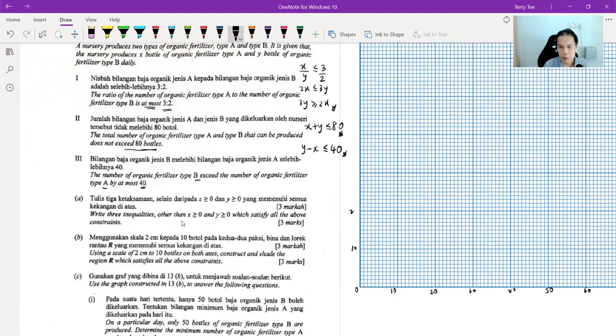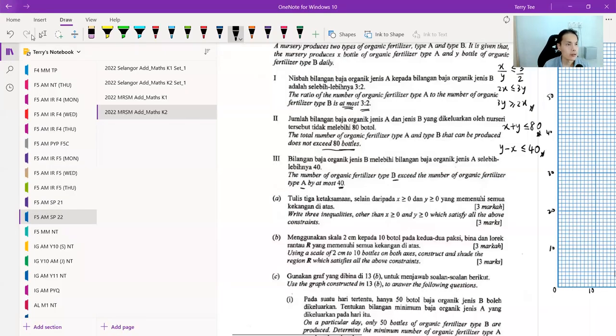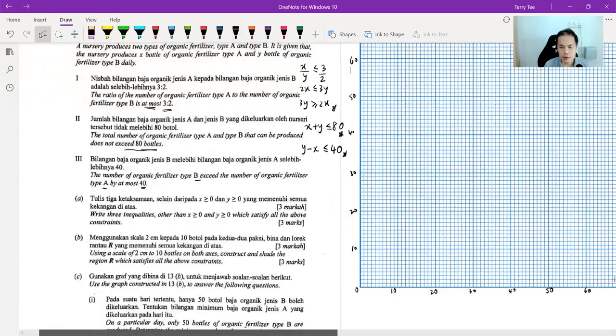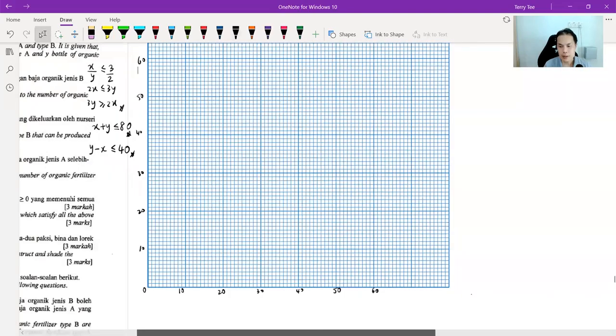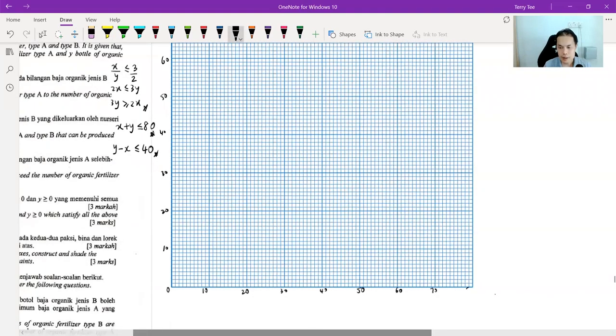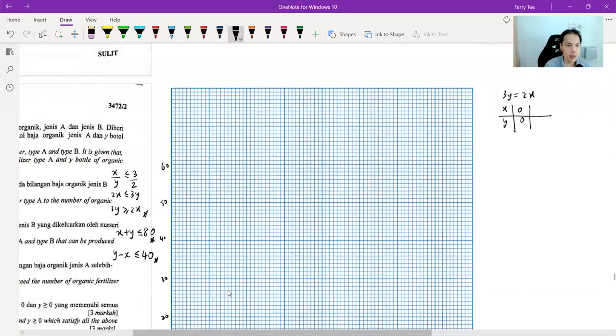I think I need to go all the way, maybe to 70, 80. This is my x. My y is also, I think I'll just go up to 80.